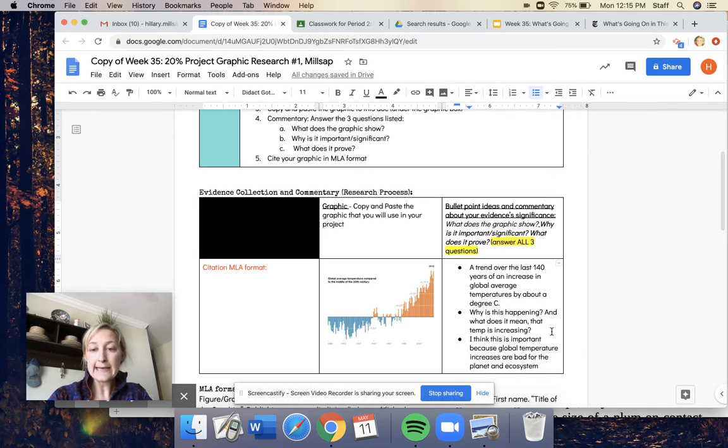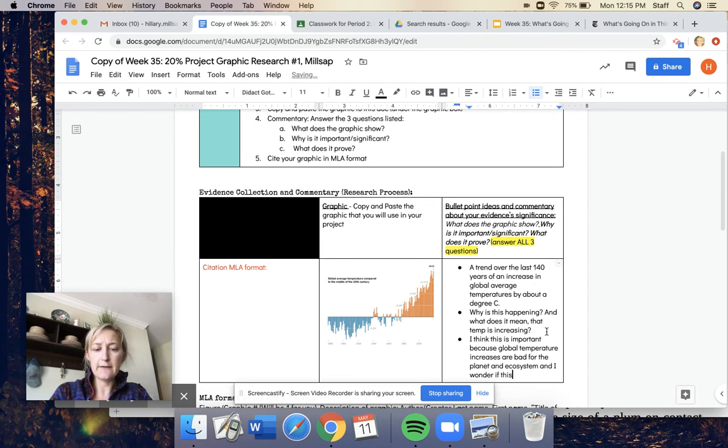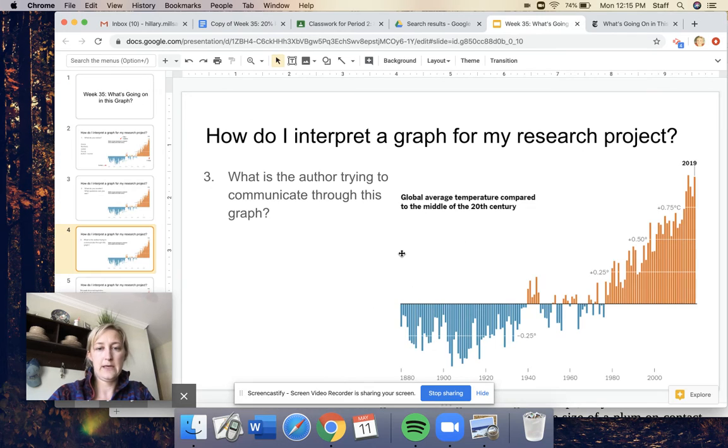I'm also going to ask, is it reversible? I wonder if this is reversible. And then what does it prove? Well, this graph might prove to me some things about humans' impact on the planet. Now I'm asking another question.